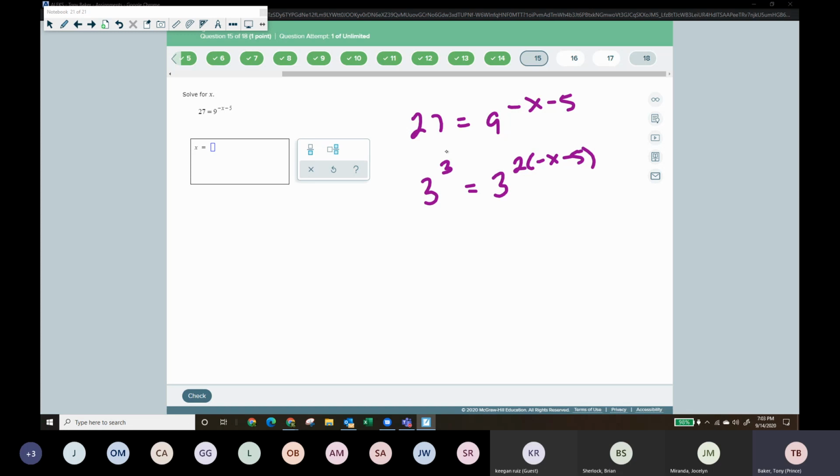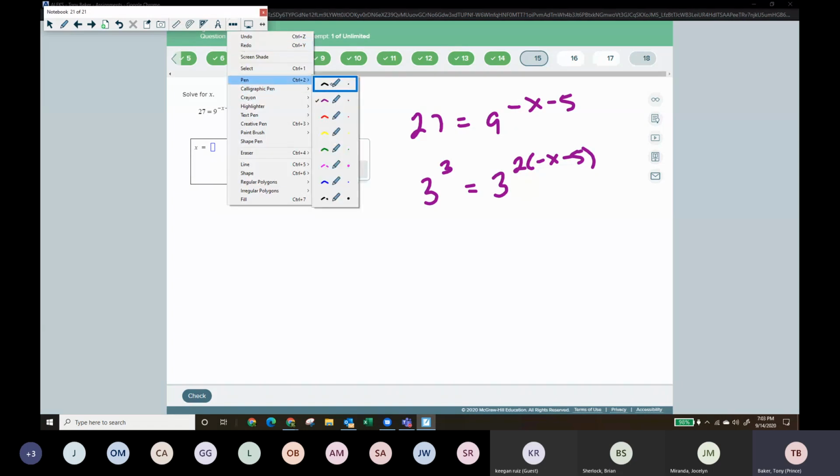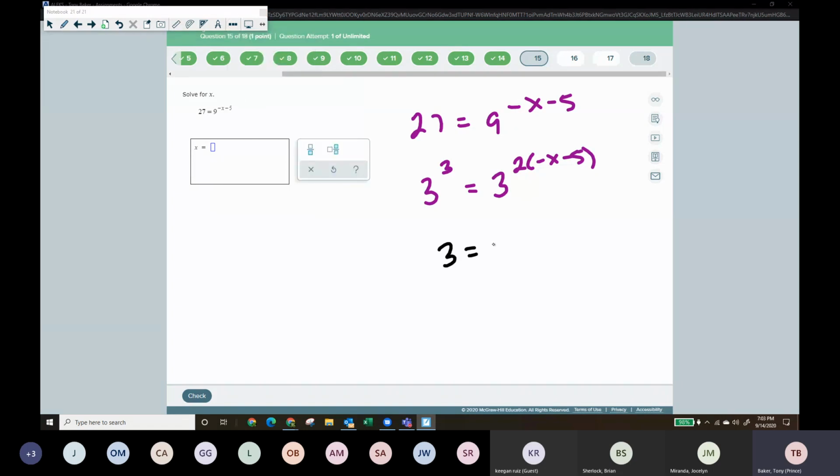So 3 to the 3rd power is 27, 3 to the 2nd power is the 9, and then that was already up there. Since the bases are the same, I can make the exponents the same. So the equation I'm going to solve is 3 equals 2 times -x minus 5.